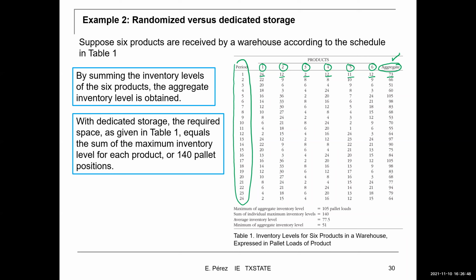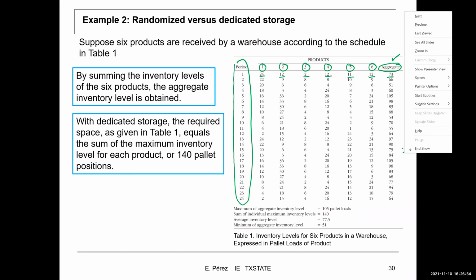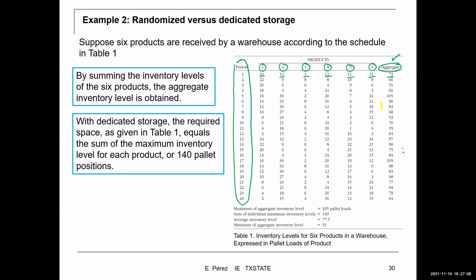So essentially, what we are doing for the dedicated storage is to go column by column. I'm doing this by hand, but typically you will have access to a computer, so you don't have to search for these numbers.